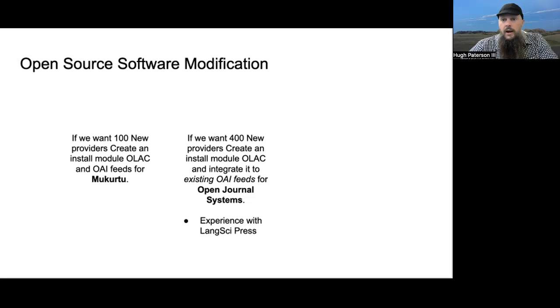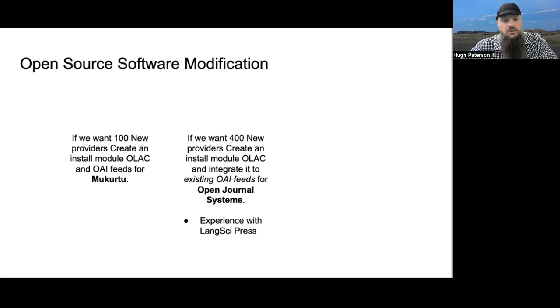And if we had a collaboration with OJS, which does provide an OAI feed, but to integrate the OLAC metadata, right? At OAI, it's using the Dublin Core stuff already. There's a mapping already in the software. There's just some additional fields that need to be there, and map that to their publication process.